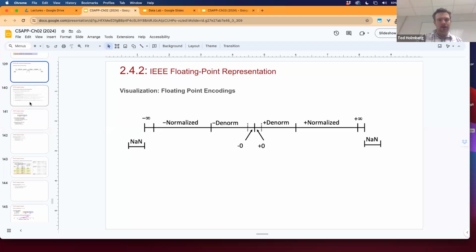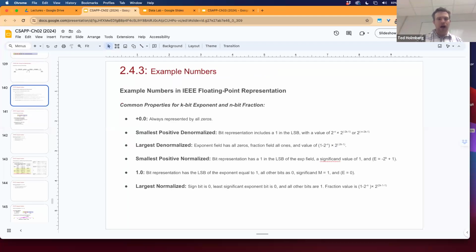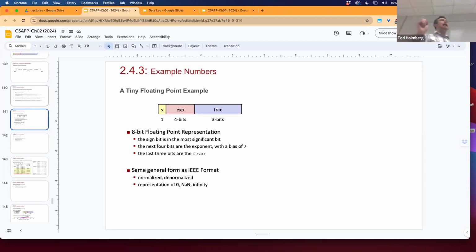Okay, so then let's go back to our representation. We said that when we have a binary sequence of n bits, we partition it into 3 segments to represent an IEEE floating point number. 1 bit, regardless of how many total bits are allocated towards our encoding scheme, is always going to be used for our sign bit, so that we can have both positive and negative numbers. And that's always going to be our most significant bit.